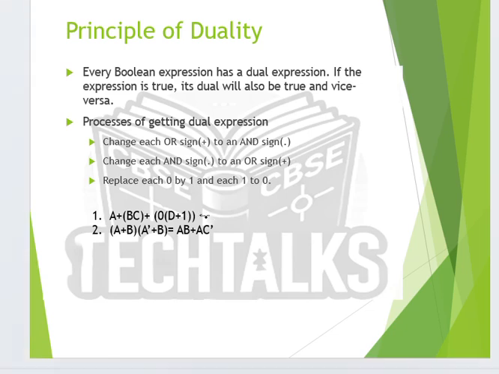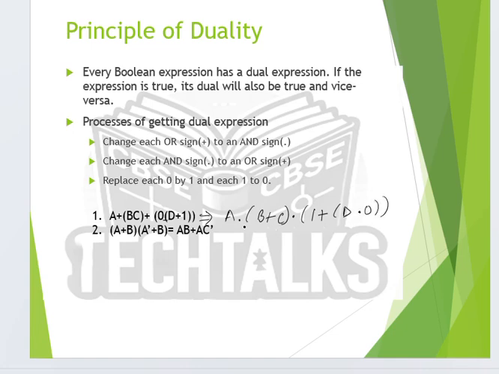Okay, if we have to find the dual of this, what will the expression be? A dot B plus C dot 1. Now 0 and D in the bracket, so it is again 1, sorry, and so it will become OR D dot 0. Am I clear?